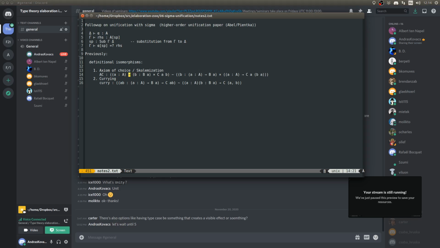And here it looks a bit like the axiom of choice in set theory, because here we have a family of these sets, and we know that at every A it's inhabited, and from this we can conclude that there is a choice function which is this function, right? So the choice function can actually pick out for every A an element of B. I'm not sure what's the best explanation, but this is just a folklore naming for this isomorphism.